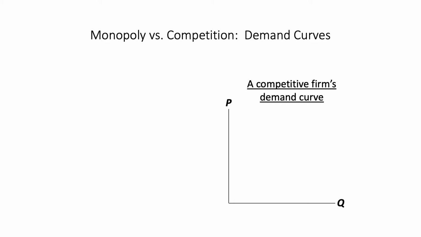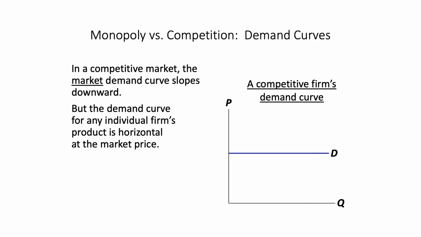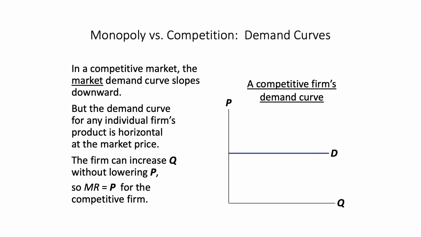Monopoly versus competition. First, let's look at the demand curves. In a competitive market, the demand curve slopes downward, right? But the demand curve for any individual firm's product is horizontal at the market price, meaning that the firm can increase Q without lowering price, so the marginal revenue equals the price in a competitive firm, right?